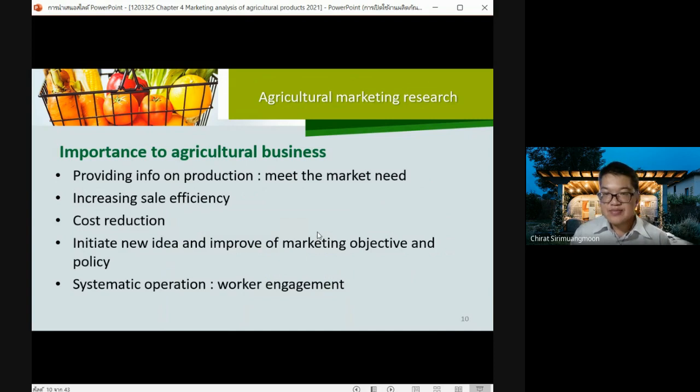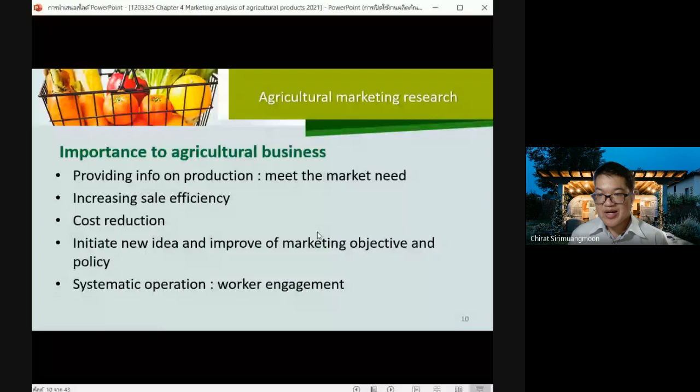Then why is agricultural marketing research important to your business? Because agricultural marketing research can provide you the information on production in order to meet market demands. Like I just said, we talk about healthy, or maybe organic food, organic fruit and vegetables.